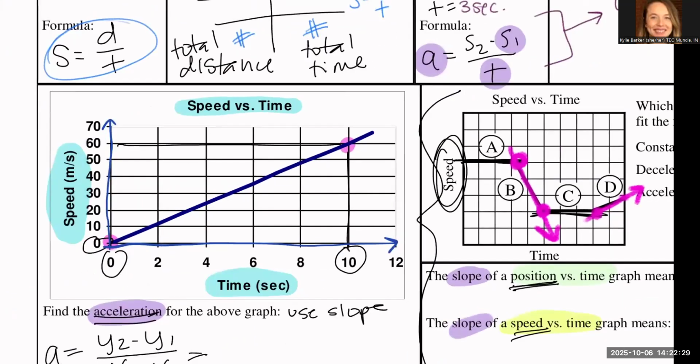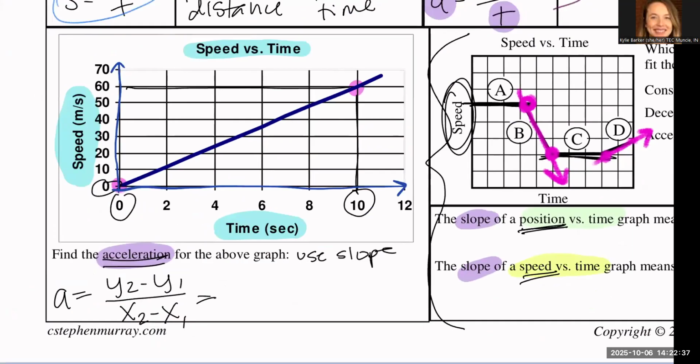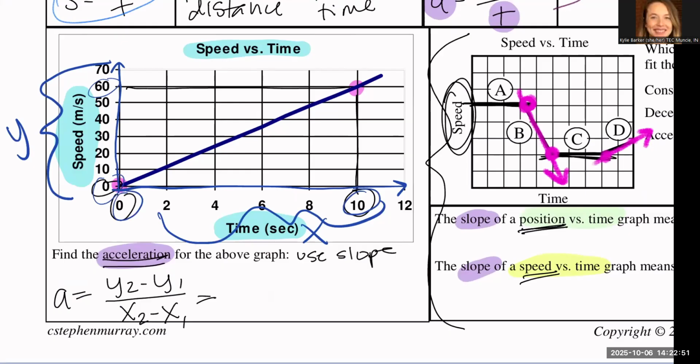So you'll have 0, 0, and this point right here, 10, 60. And remember that this is the y-axis and this is the x-axis. So you'll have a y2 and a y1 and an x2 and an x1 that you'll do the math with right there.